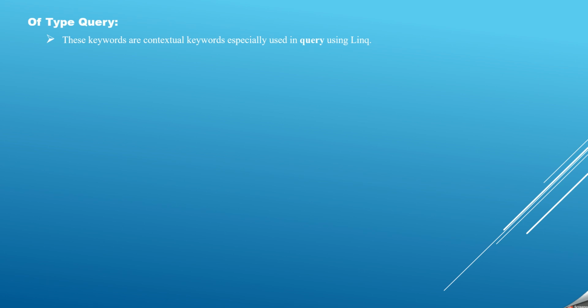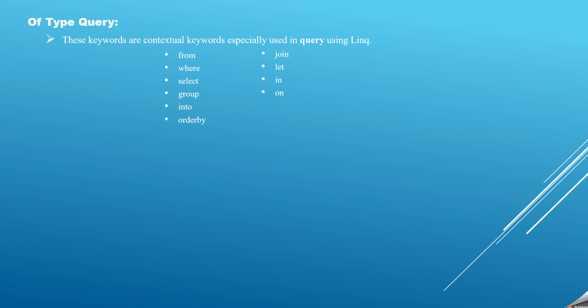Okay, so next one is query. As the name suggests, with query we generally ask something, like dealing with different data sources or data objects. These are words like from, where, select. By the naming you can guess this is something relevant to data, of course when we use LINQ queries, and again these are contextual.